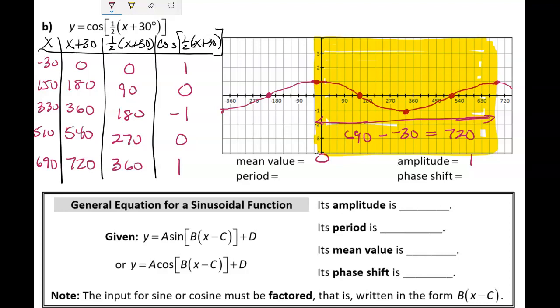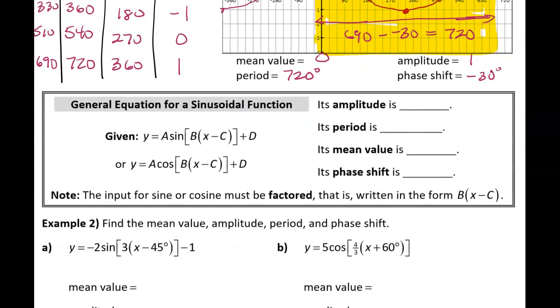So if you subtract those two, you get 720 degrees. Why do you suppose 720 degrees? Because of that little 1/2 that's sitting in front of the angle that we're taking the cosine of. That means that the cosine is going half as fast, so it takes twice as long to graph. Normally it would take 360, now it's taking 720. And our phase shift is, where does the cycle start? That's -30 degrees.